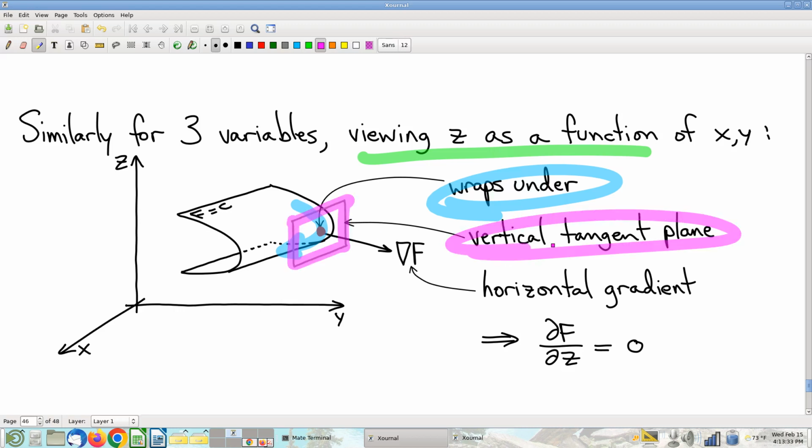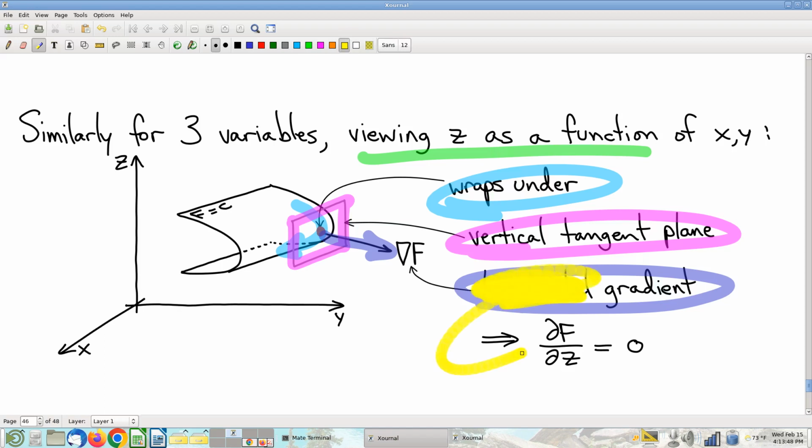And having a vertical tangent plane means you're going to have a horizontal gradient vector. And keep in mind that a gradient vector is made up of a bunch of partial derivatives. Horizontal would mean that the third coordinate of that gradient would have to be 0.